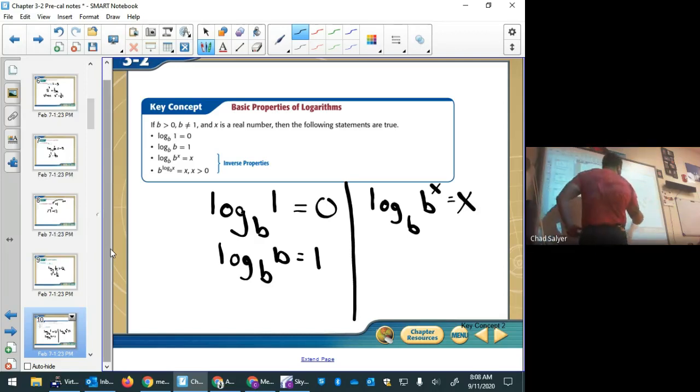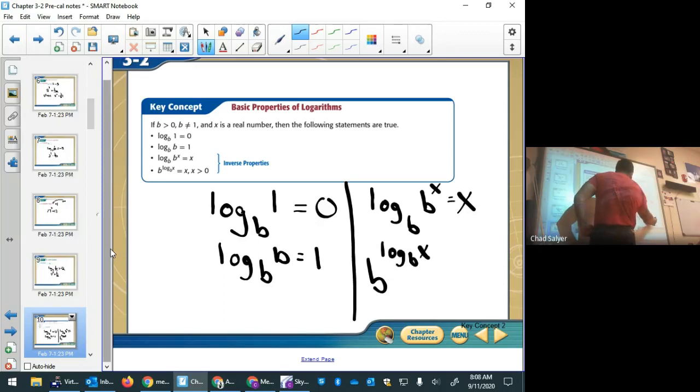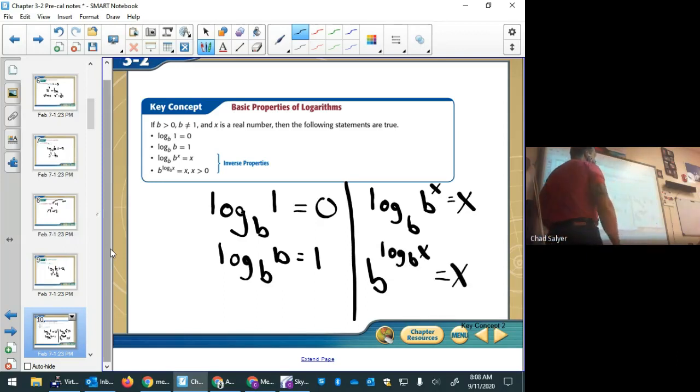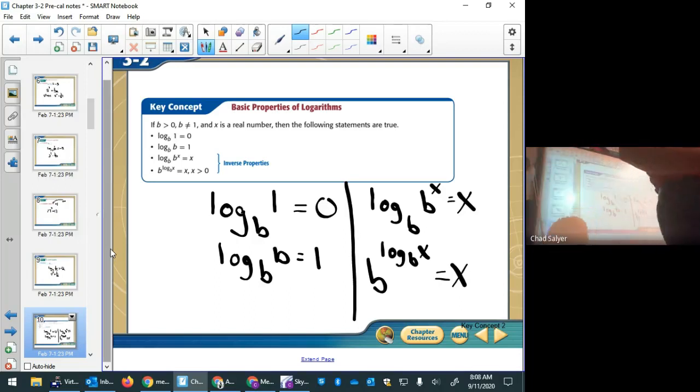And then b to the log base b of x also just equals x. So the inverse relationship between the exponential and the logarithm is what makes the logarithm such a useful tool for us mathematically. Because for the first time ever, we'll be able to solve equations that have an exponent variable using the logarithm.